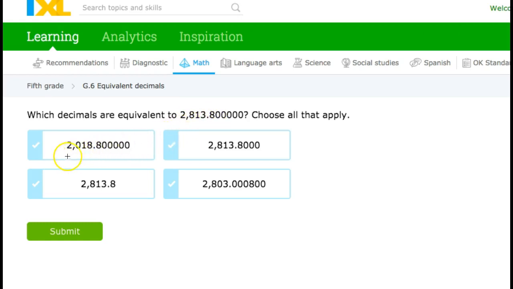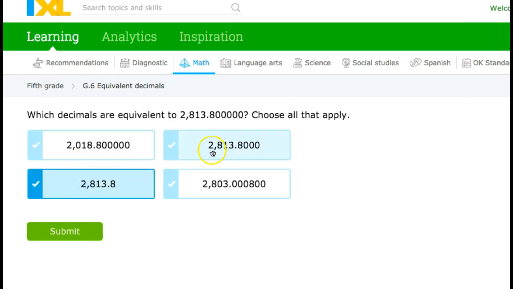Okay, this one is 2018. They've forgotten the 800, so it's not that one. 2,813 and 8 tenths. I can add all the zeros I want behind it. It doesn't change the value. So this one right here is going to be equivalent.